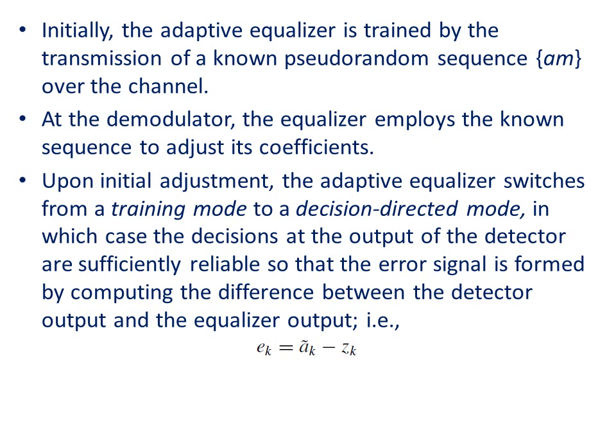Upon initial adjustment, the adaptive equalizer switches from training mode to decision-directed mode, in which case the decisions at the output of the detector are sufficiently reliable so that the error signal is formed by computing the difference between the detector output and the equalizer output.